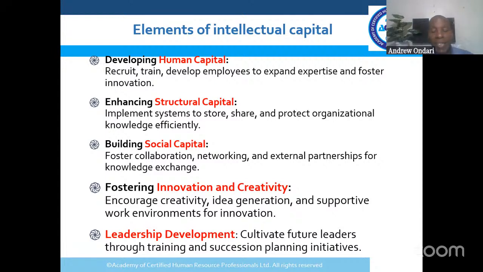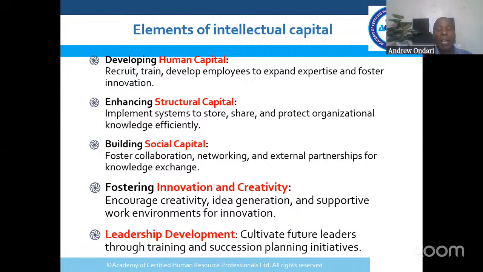So these are aspects that can help to develop people holistically. Apart from having the technical skills in HR, in finance, or in production, we could also have skills that cut across. That is emotional intelligence, which can also be used as an element of intellectual capital.